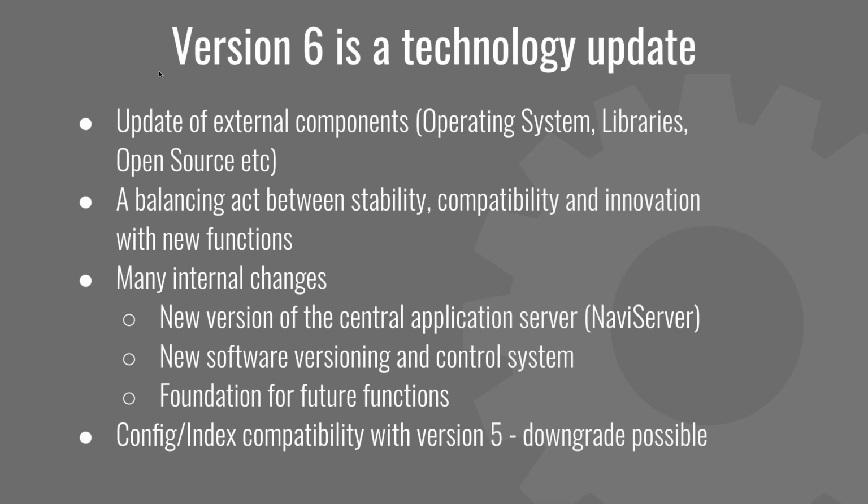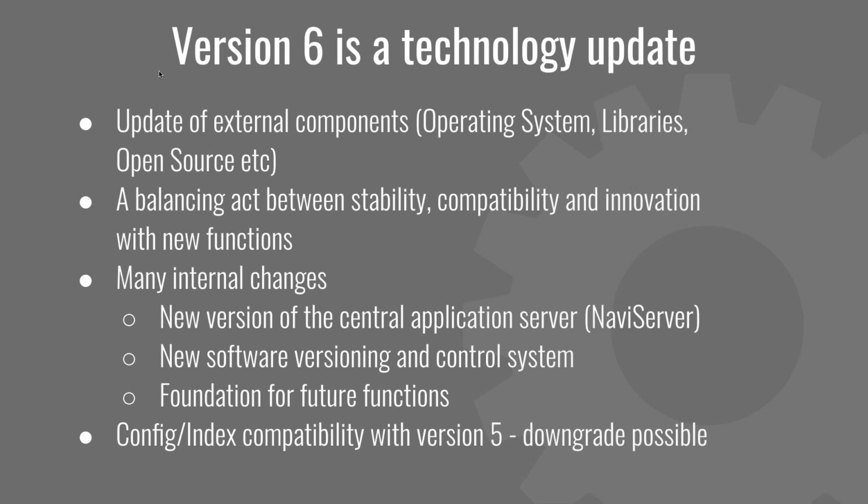As with other software, P5 consists of a number of components, and these components are subject to change. For example, we have the operating system, libraries, open source products, and so on. These technologies are constantly evolving and therefore subject to changes. But we can't continuously integrate these changes into P5.